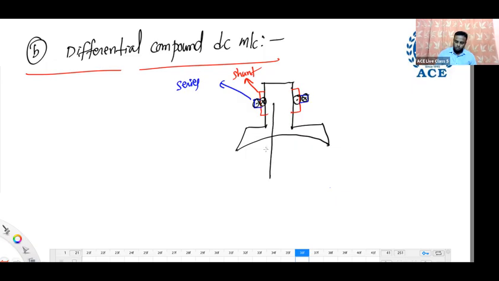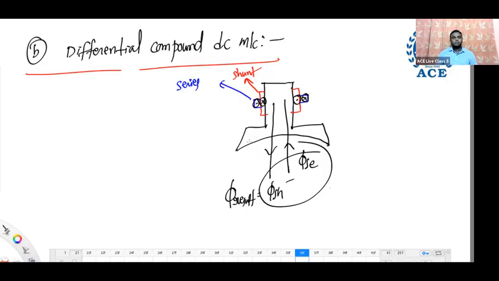Shunt flux is downward only. Apply the right hand thumb rule. Shunt field is downward, but the series field will come in the upward direction under one pole. Now the resultant flux under the pole is subtraction, minus, meaning the resultant flux decreases. That effect we call the differential effect.